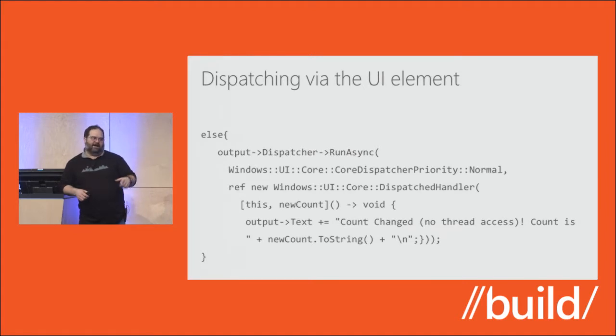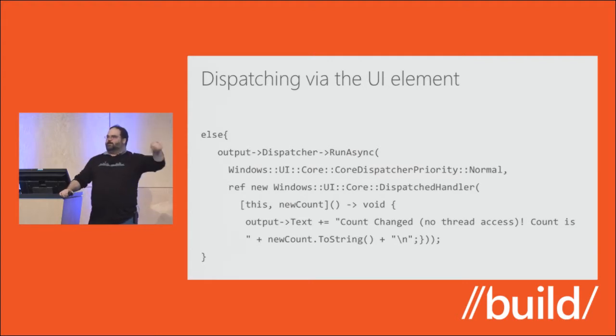By the way, there's an enum there that says Windows UI Core Dispatcher Priority Normal. Just pretend that's the only priority there is. Don't use anything other than normal. You can put the task back on the dispatcher for the UI element, and when the UI gets a second, there is a message loop for XAML pumping in the background, and it'll strip this message off, and then you will be on the right thread to update the UI. And so that's dispatching through the UI element. That works. You can do that.